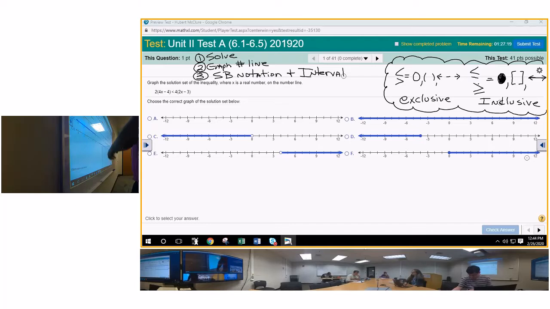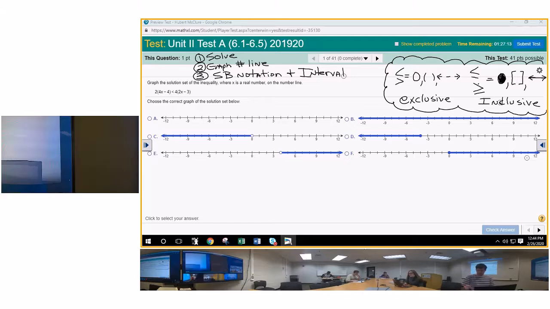Okay? So that's what we're going to be doing. I'm going to do that with every single problem that we do with inequality. And why aren't we spending a lot of time on this? Because 90% of it you know how to do because you know how to solve equations. So let's go ahead and solve this equation.